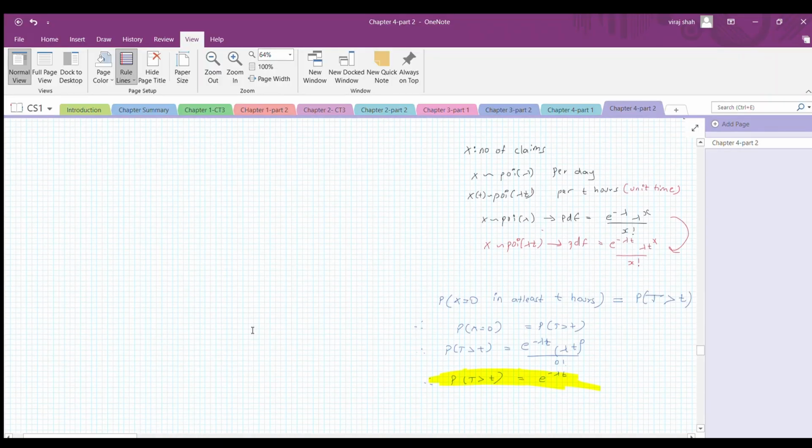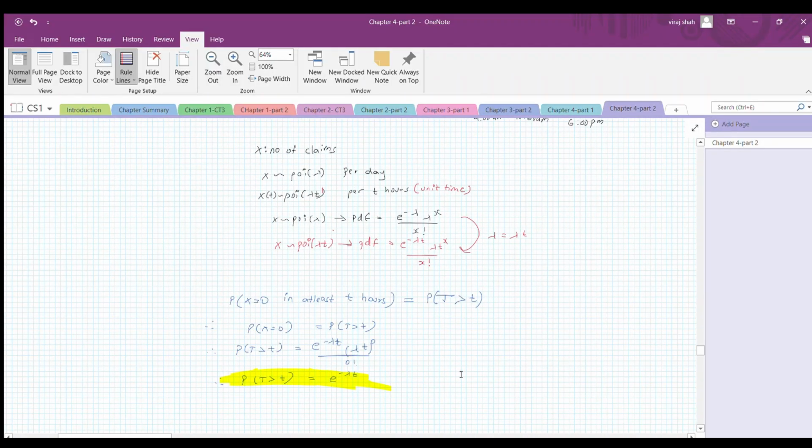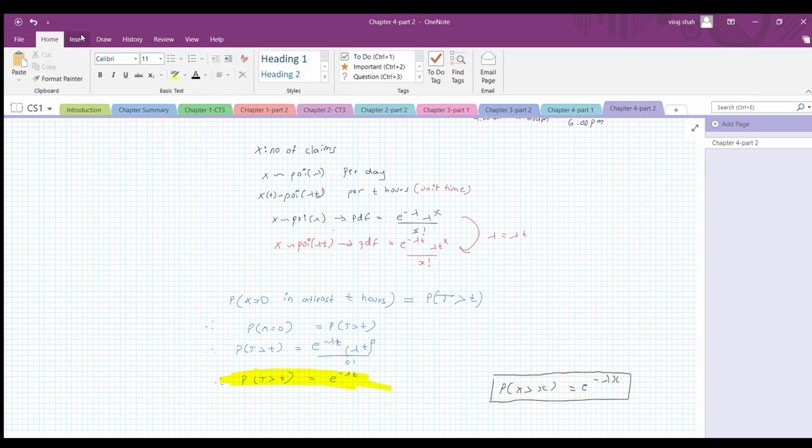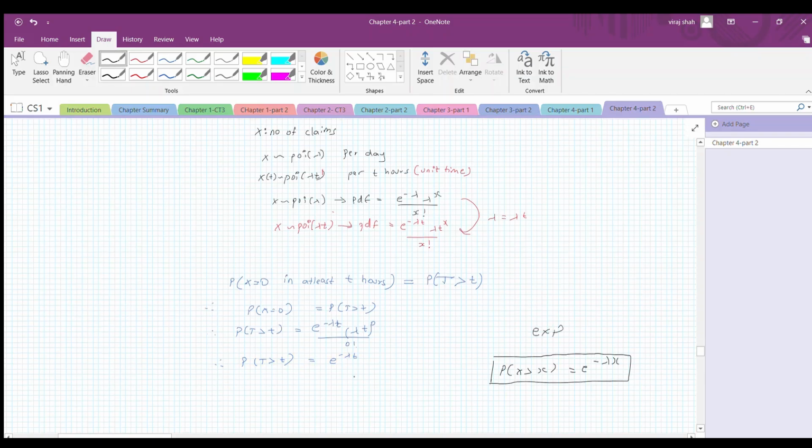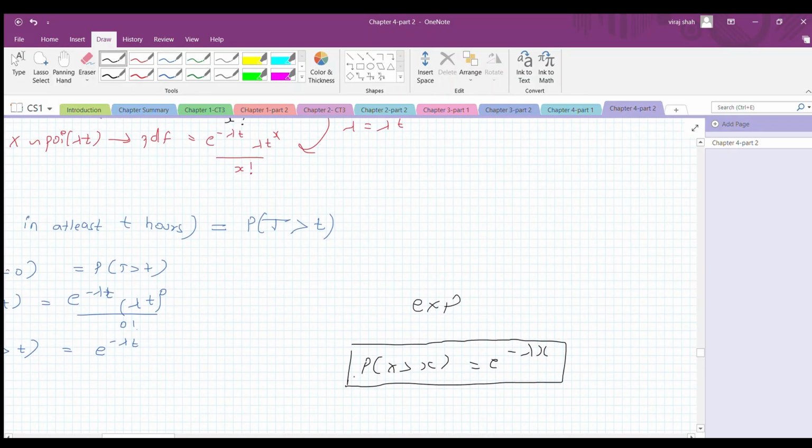Where was I here? So this is of exponential distribution, and this is my waiting time. If I compare these two, I can say that this is exactly the same.